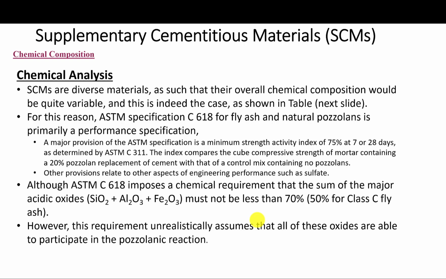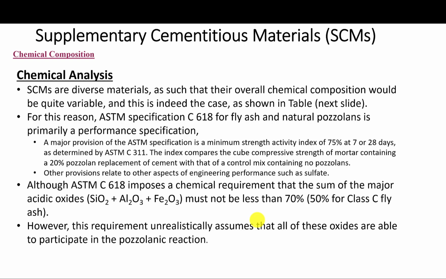So a major provision of the ASTM specification is called the minimum strength activity index of 75%. We will talk about this a bit later. The activity index of 75% at 7 and 28 days as determined by ASTM C311.